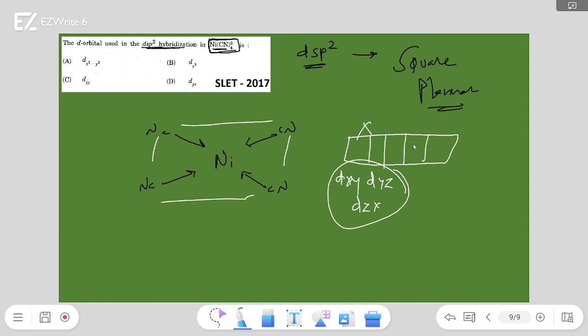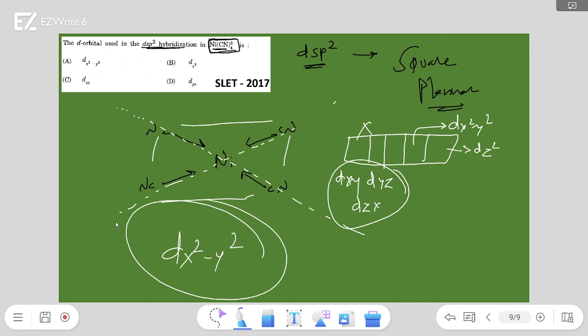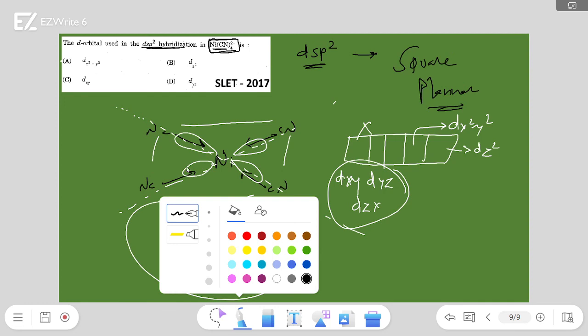Only the x square minus y square and the z square are axial. If you look carefully, this is your x-axis and this is your y-axis. Therefore, the only orbital that fits in is dx square minus y square, which is justified very well over here. So the correct option is option A for this particular question.